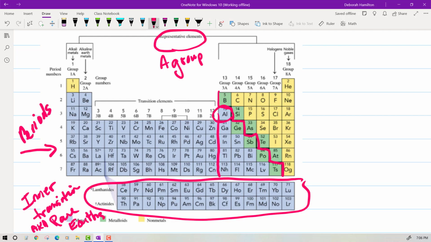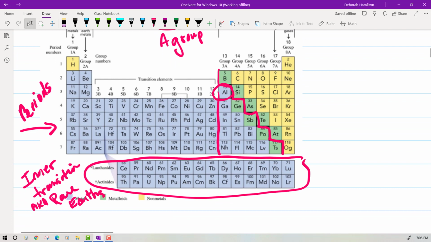All right, so that's just a little bit about the blocks on the periodic table. Obviously, they're mostly metals on the periodic table, but the nonmetals that are here, carbon is a very popular nonmetal because it makes up many of our organic compounds.